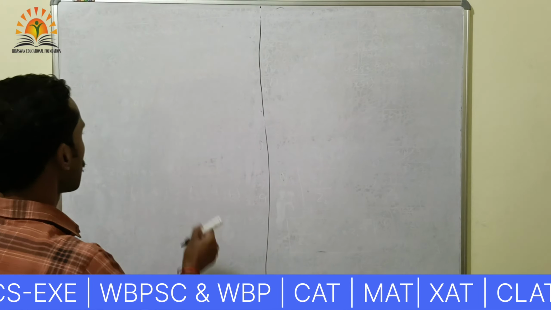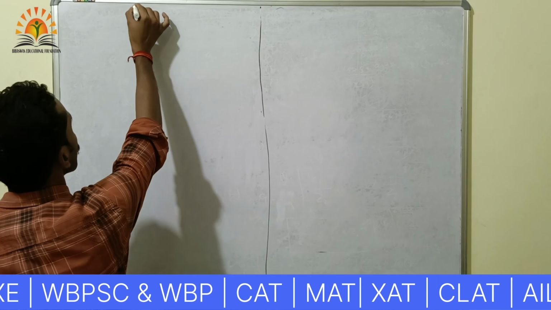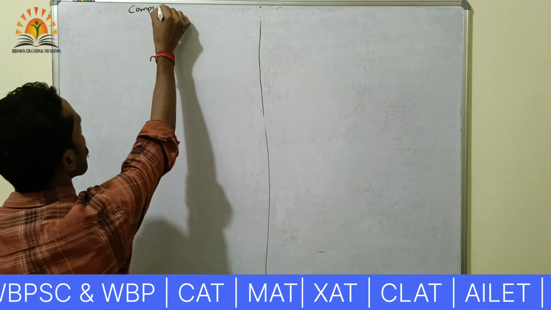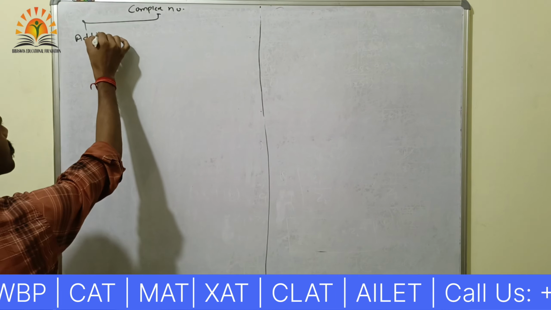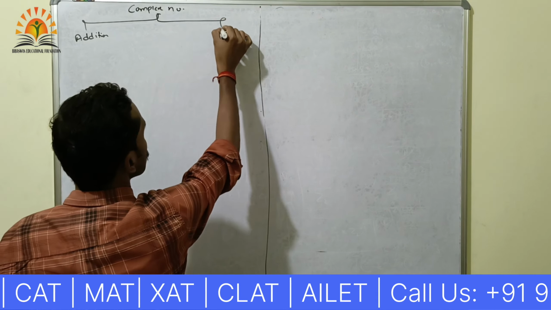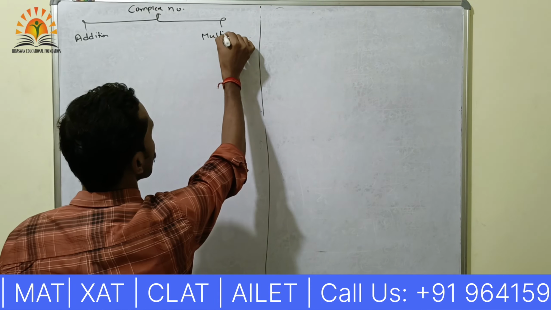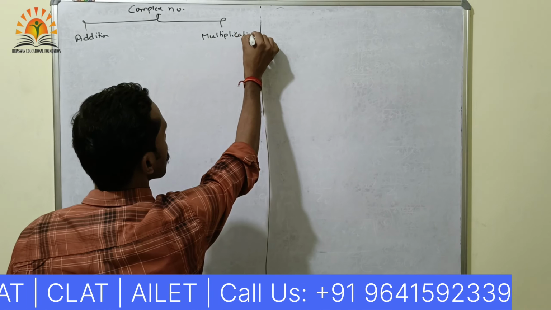Now the property is that addition and multiplication for complex numbers follow some properties.